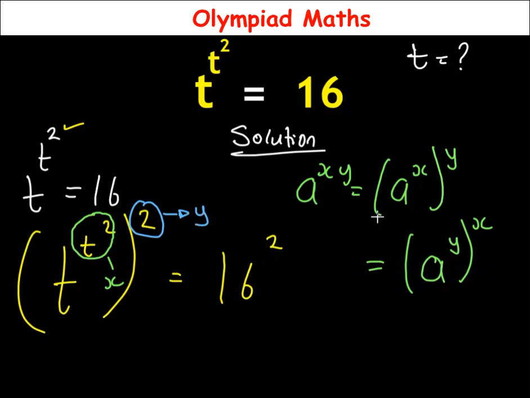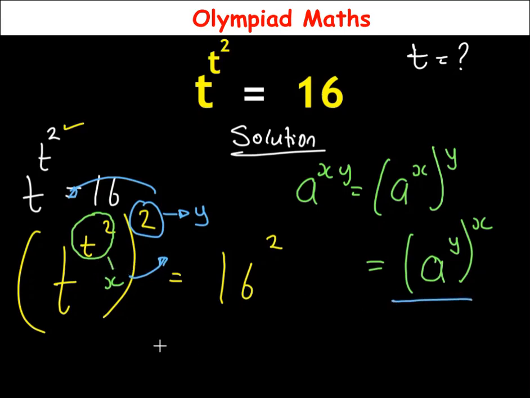Following this, it is in the form of a raised to power x, power of y, but we want to express it in the form a raised to power y, power of x. So that means that y will come inside and then x will go outside. So we're going to express this in this format.